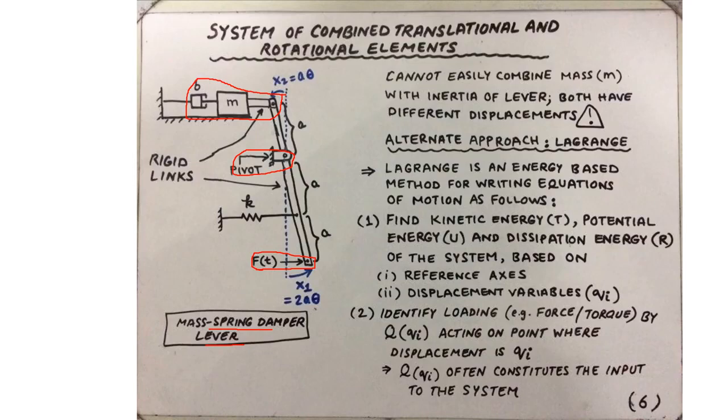Now in this case, because the rigid link of the lever is directly connected to the mass, we once again run into the problem where the mass and the rotational discrete inertia describing the motion of the lever are both directly coupled. However, note that the mass is expected to exhibit linear displacement as shown here.